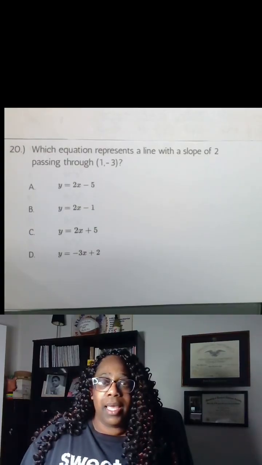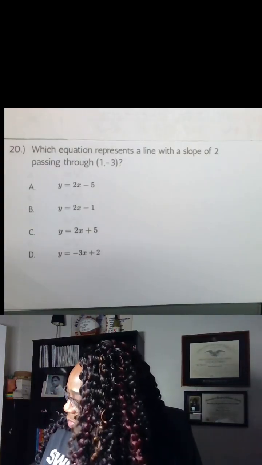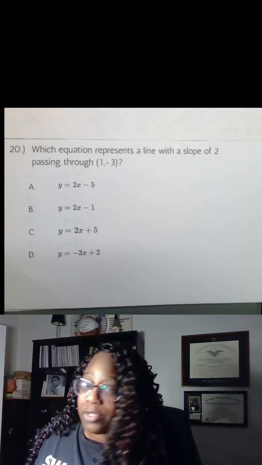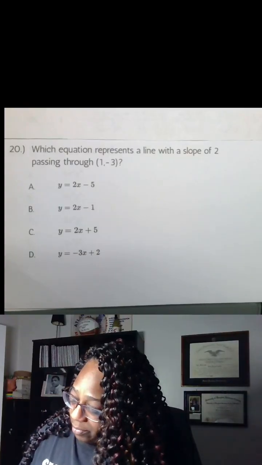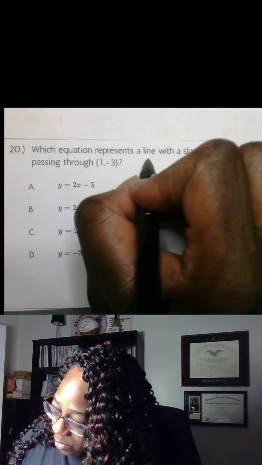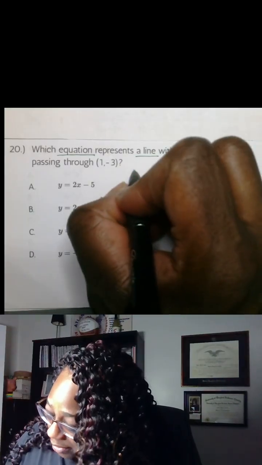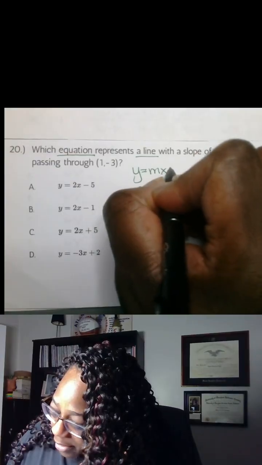Let's take a gander. Okay, so they are telling us, and we can do this one of two ways. I like to show options. Since they want an equation representing the line, the equation of the line traditionally is y equals mx plus b.